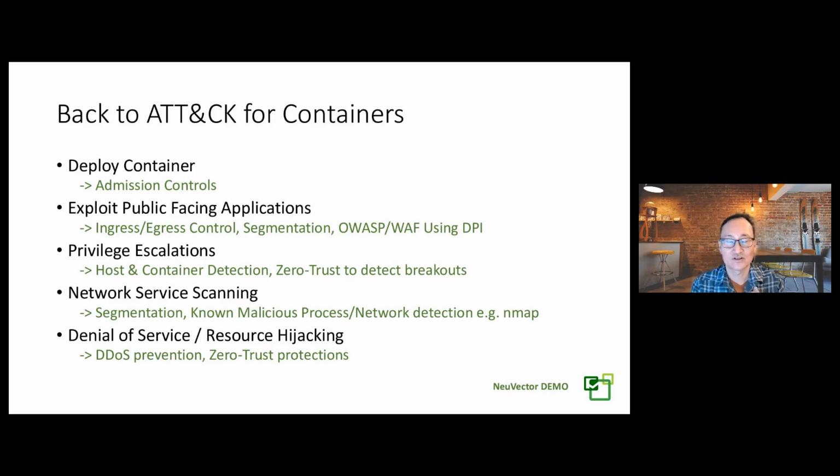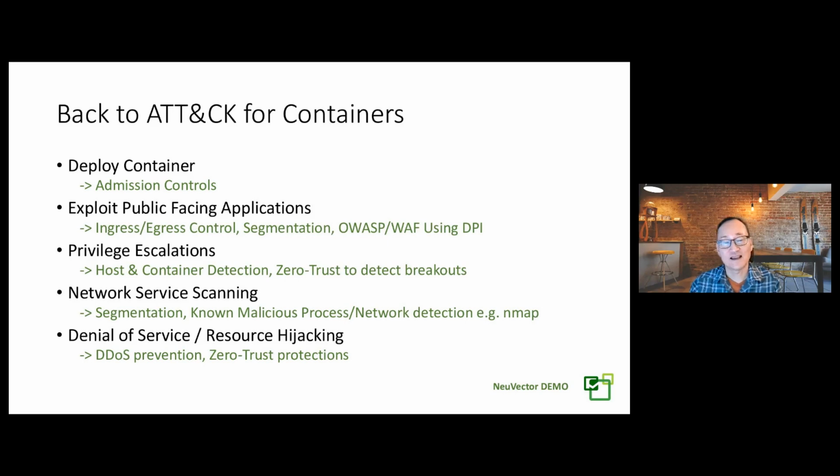So that's where our zero trust model is going to be monitoring the network connections, all of the processes in the container, as well as the file activity to make sure that privilege escalation is not trying to expand its blast radius.